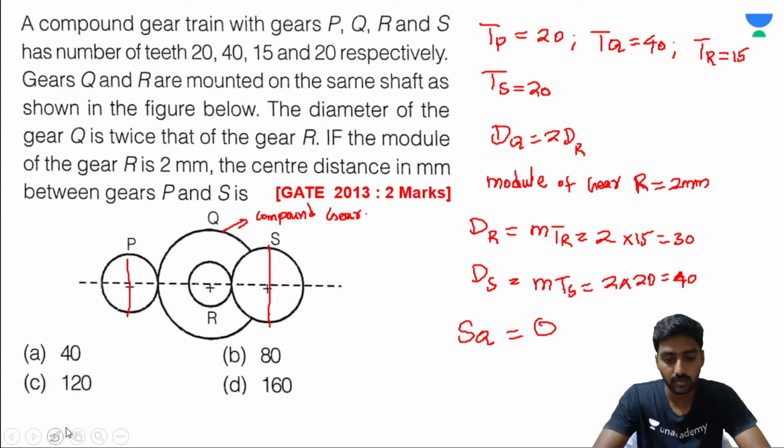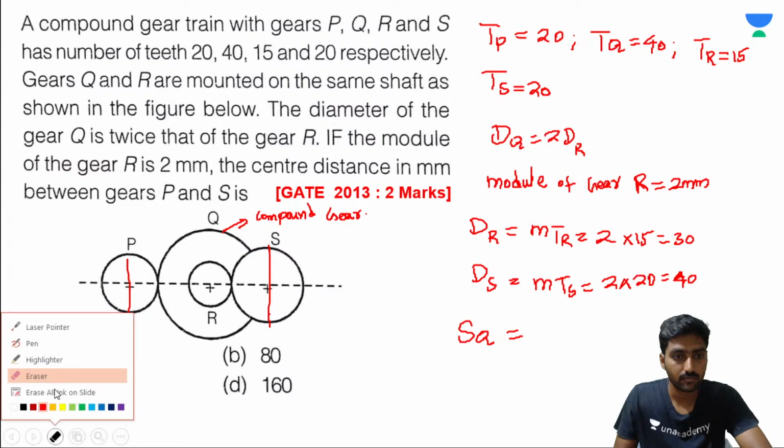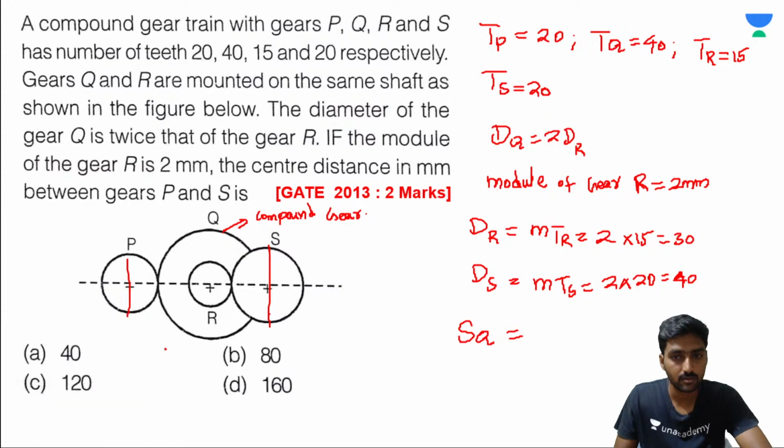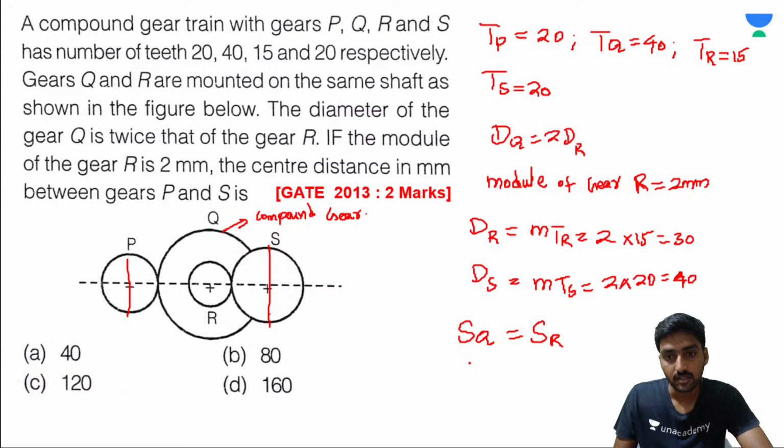I will show you the things one by one. Yes, speed of Q and R are equal. So we can take SQ divided by SR, which is directly the diameter DR divided by DQ.